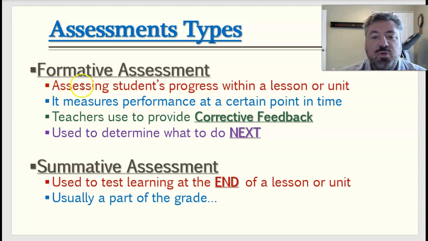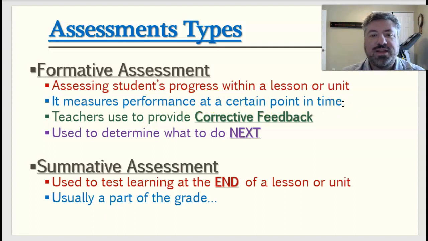So you might just be watching. You might do an interview technique where you're asking questions. You might ask a student to perform something and then ask another student to point out the parts. All right. So what it does is it measures performance and or knowledge at a certain point in time. You know right then, it's on the spot.